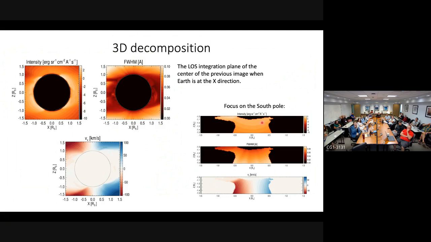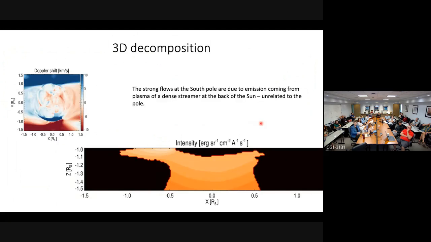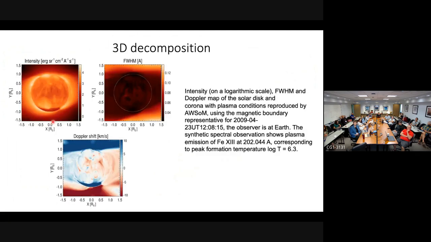So what you see here as a strong emission is absolutely not coming from where you think. It's completely unrelated to the polar magnetic field, but it is so dominant that you don't see anything else in this integrated image.